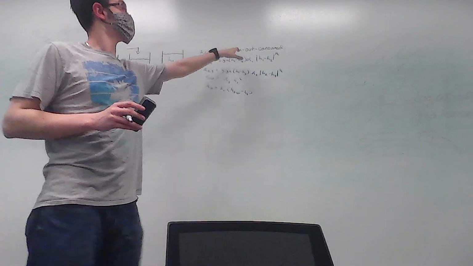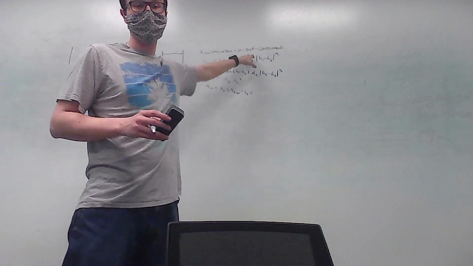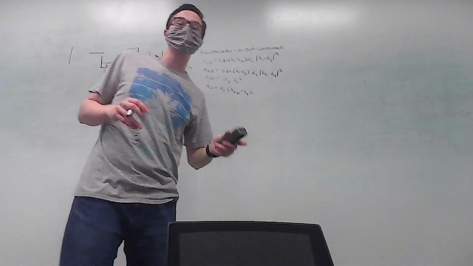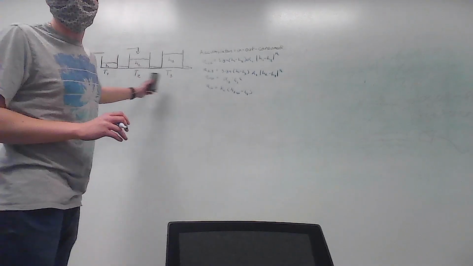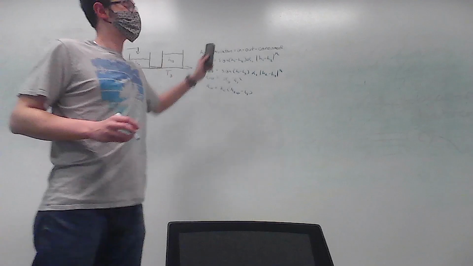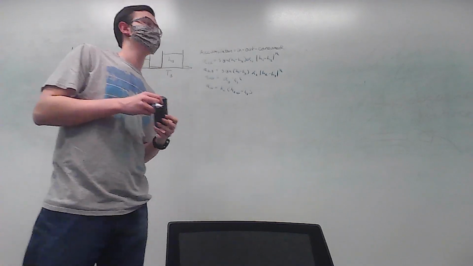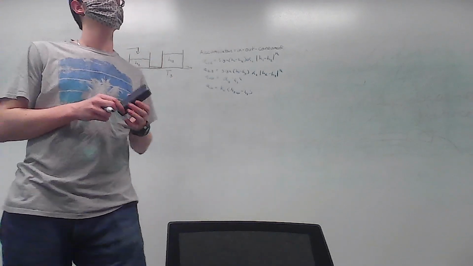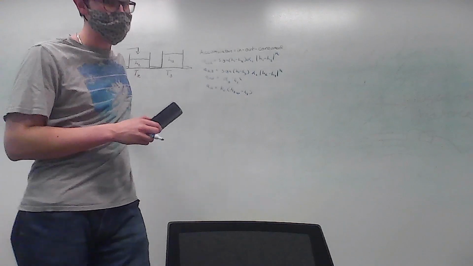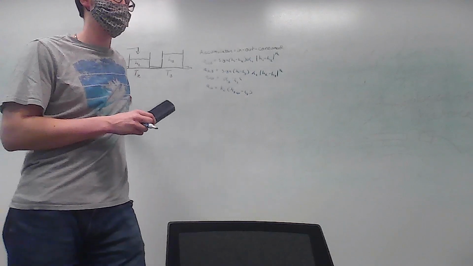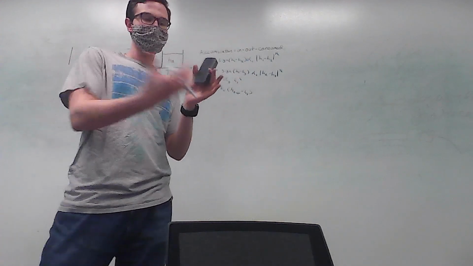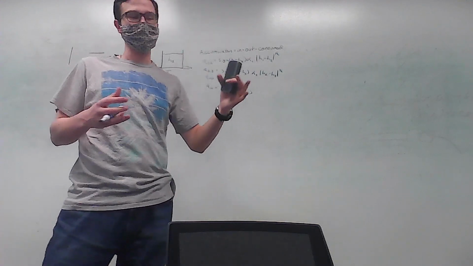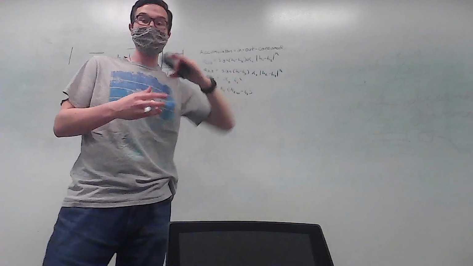So accumulation is equal to in minus out. So we're going to write three equations of accumulation, one for each of them. Now, first to define what accumulation is, in this scenario specifically, it's the change in height. Since the cross-sectional area is the same, it's the change in height, but that's represented by change in volume.